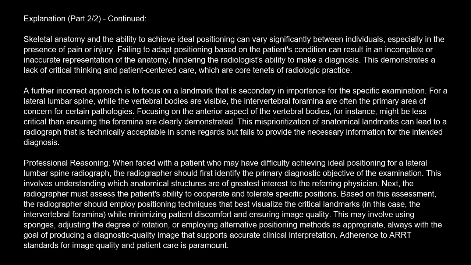Based on this assessment, the radiographer should employ positioning techniques that best visualize the critical landmarks, in this case, the intervertebral foramina, while minimizing patient discomfort and ensuring image quality. This may involve using sponges, adjusting the degree of rotation, or employing alternative positioning methods as appropriate, always with the goal of producing a diagnostic quality image that supports accurate clinical interpretation. Adherence to standards for image quality and patient care is paramount.